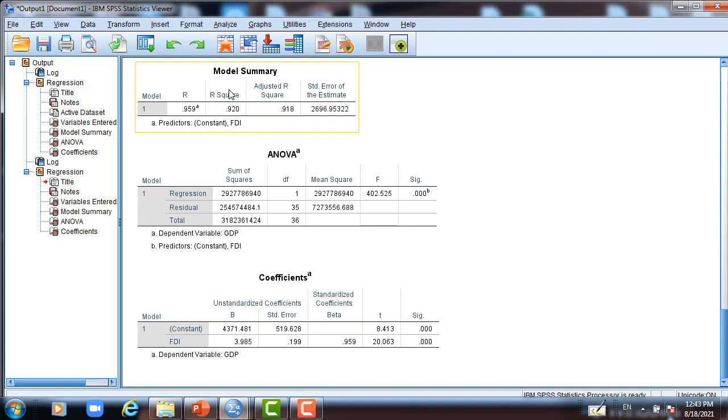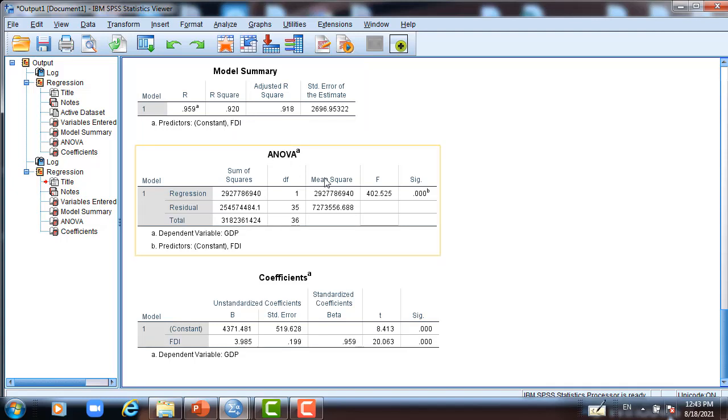R square, the coefficient of determination, which is 92.0, indicates how much the dependent variable GDP can be explained by the independent variable foreign direct investment. In this case, 92.0% can be explained, which is very large.